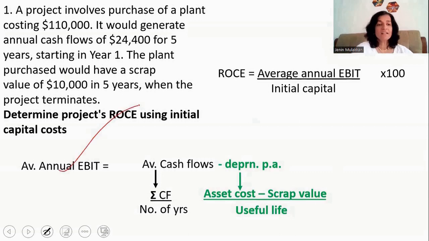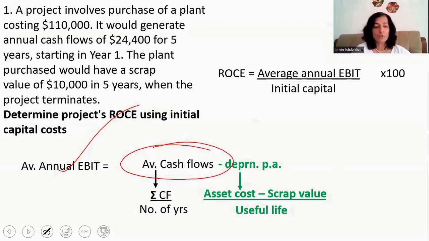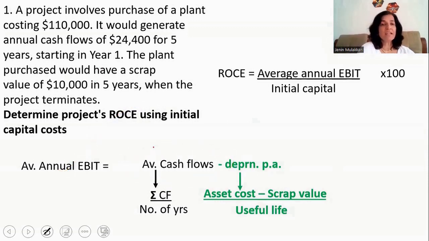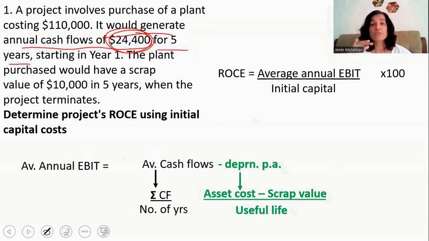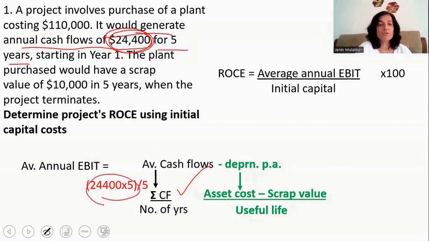So we will first tackle the average annual EBIT. The first item, what is the average cash flows? If you read the sentence, it would generate annual cash flows of 24,400 for 5 years, which means that the cash flows are constant. So even if you adopt this formula, that is sigma cash flows, the total of cash flows, it is basically 24,400 into 5 years.